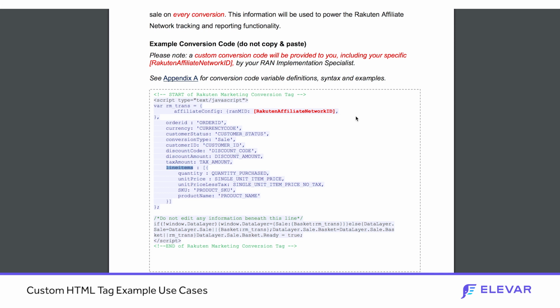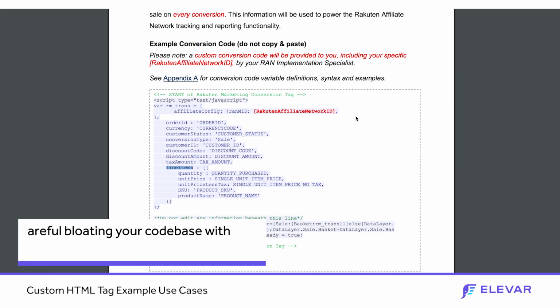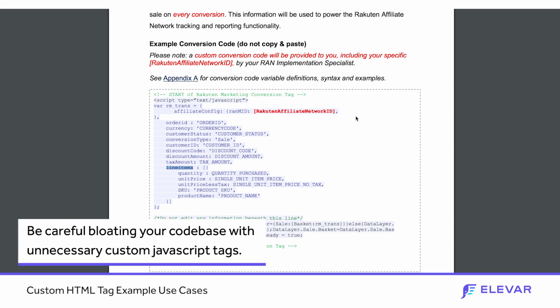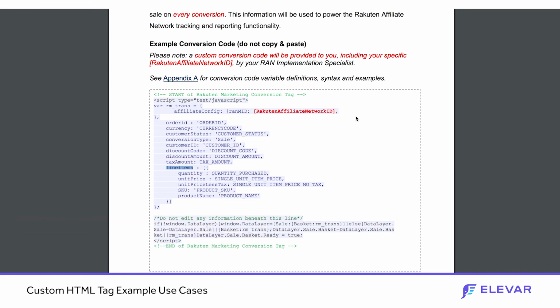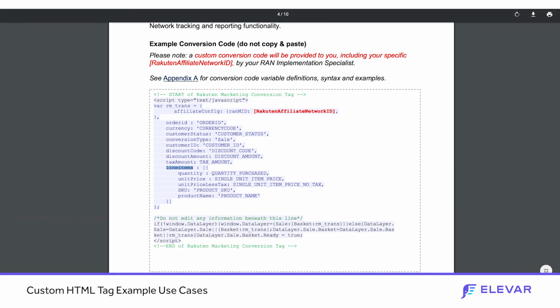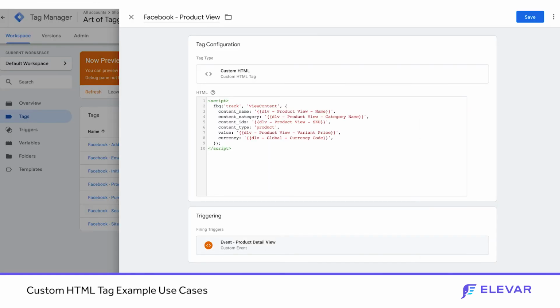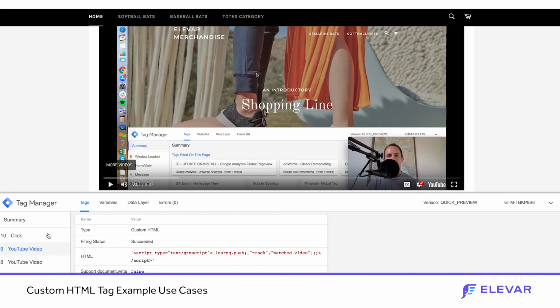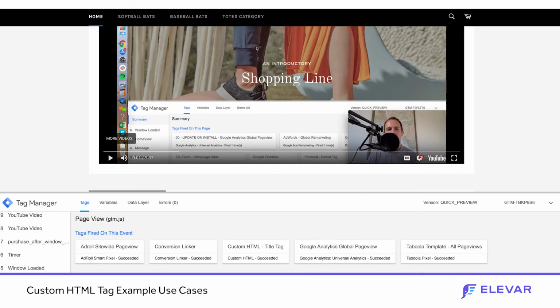And also just keep in mind the ordering. If you do have custom JavaScript that you are adding to your GTM account, to your store, to your code base, be cognizant of how it's going to impact the user experience. Because if you're front loading a whole bunch of custom JavaScript at initial page view, just going back to the front end here, if you have a whole bunch of custom JavaScript that's running on our page view event, all of that needs to execute and potentially hold up other things from executing on your store.